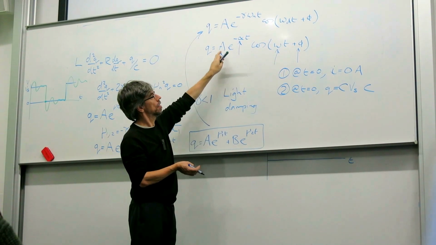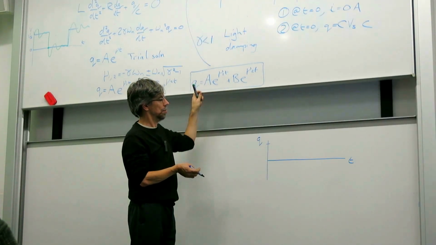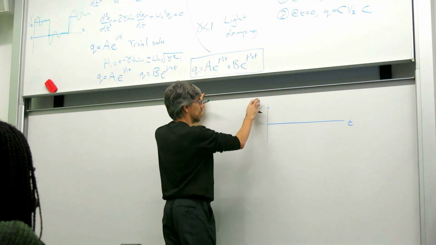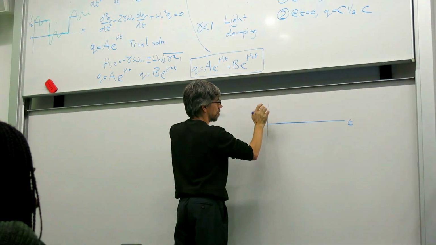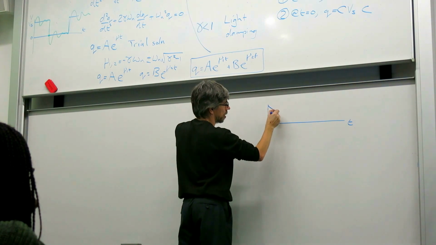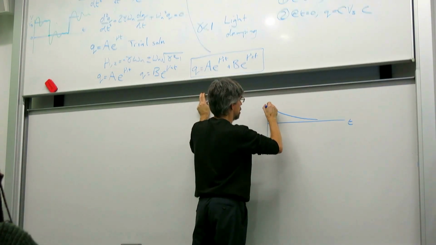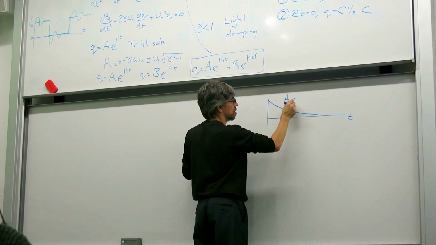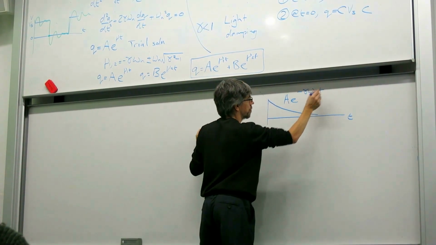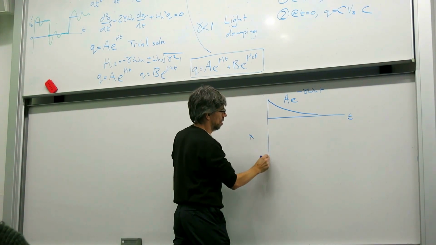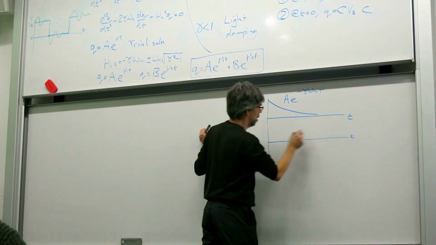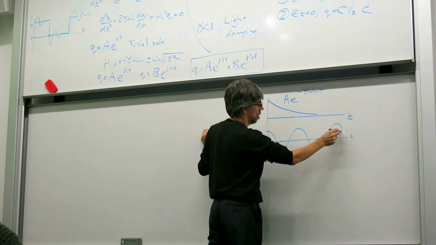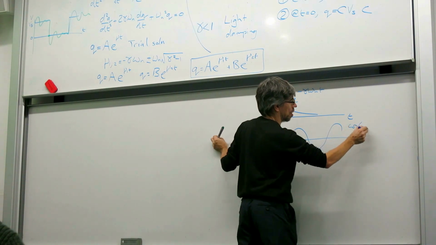However, for this expression, we're actually multiplying the cosine by a decaying exponential. So we're multiplying a decaying exponential, A e to the minus gamma n t, by the cosine, that's cos omega d t.